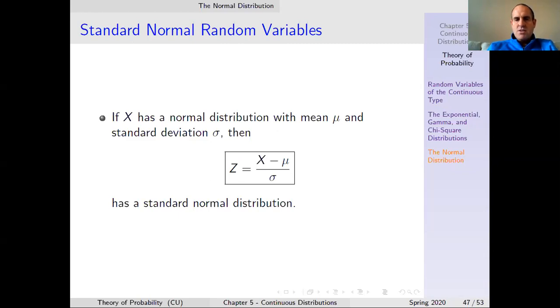This is called scaling. Let's think about what the units are. Suppose X was originally in dollars. If I subtract the mean, it's still in dollars. If I divide by the standard deviation, that's also in dollars. The dollars cancel and you have a unitless quantity.